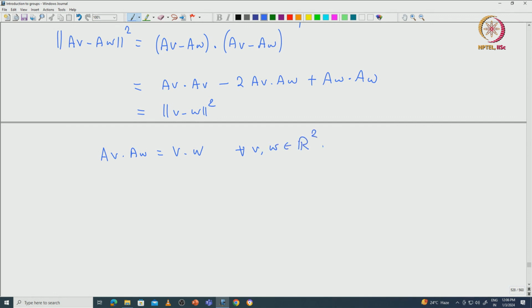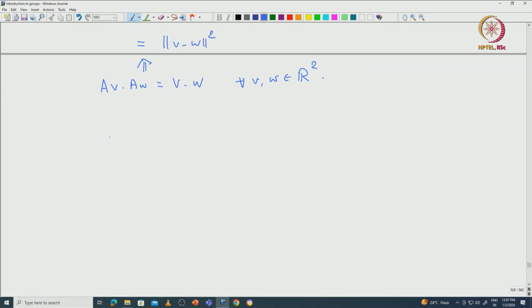So, then from this you immediately get this equality. So, how does one do this? Let us again very explicitly write it down, there is no issue. V you write as some x1, y1, W write as some x2, y2.